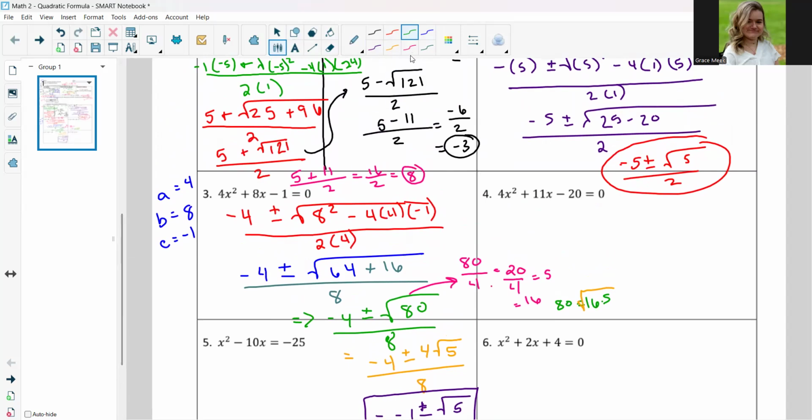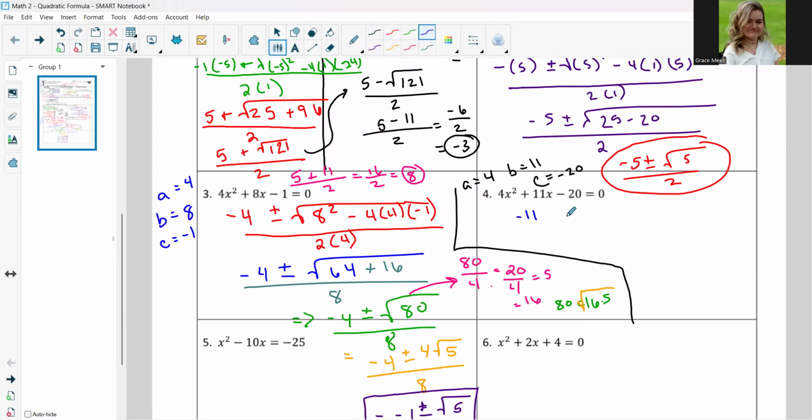Now, again, if you get confused on where I'm at, sorry, it's kind of just flopping over here, but hopefully I can get this figured out. So again, on example 4, I would have A equals 4, B equals 11, and C equals negative 20. All right. And so again, just plug it into the formula.